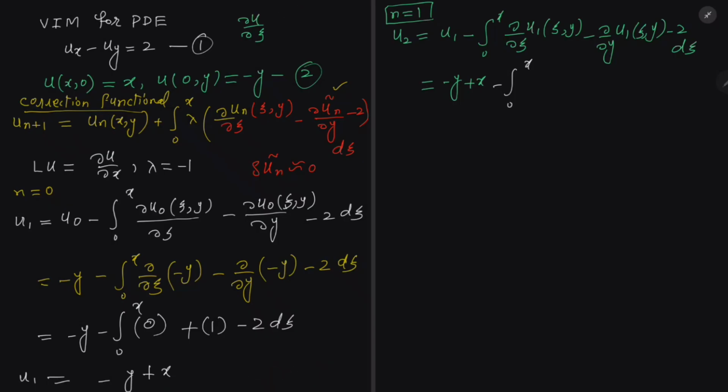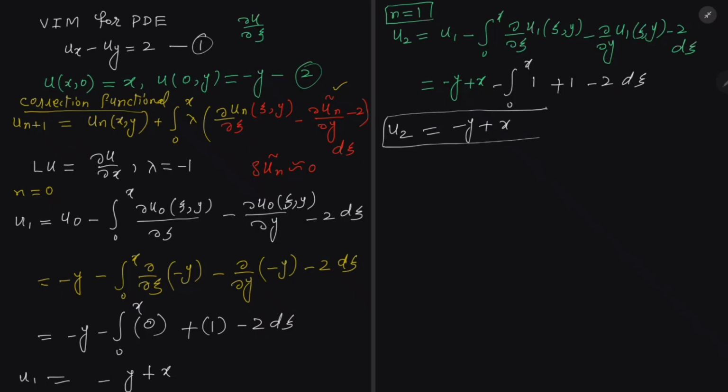So we get from here 1 minus, and the derivative of u1 with respect to xi of minus y will be minus 1. So we get plus 1 minus 2 dxi. So 2 minus 2 is 0. So we get u2 equal to minus y plus x.